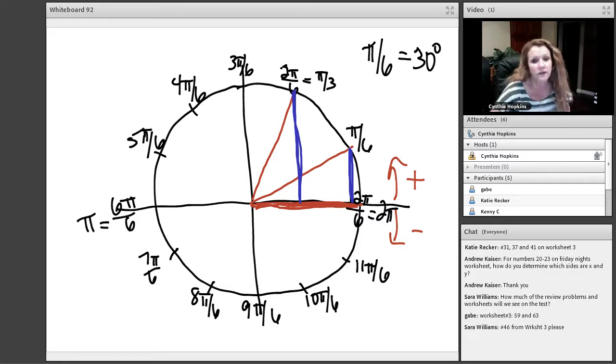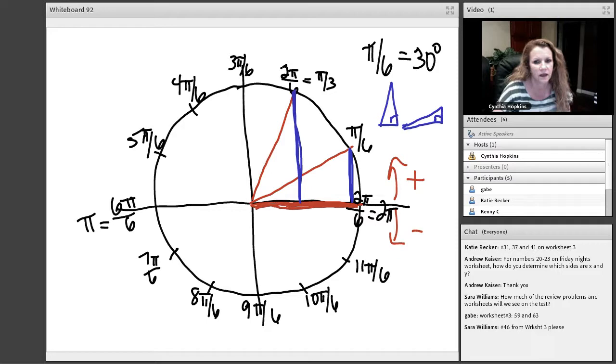And by the way, a very common mistake. A 30, 60, 90, as I have shown right here in the first quadrant, is either like this. That's not the greatest picture. Or it's like this, standing up tall. But what it's not, if it's a 30, 60, 90, is this.